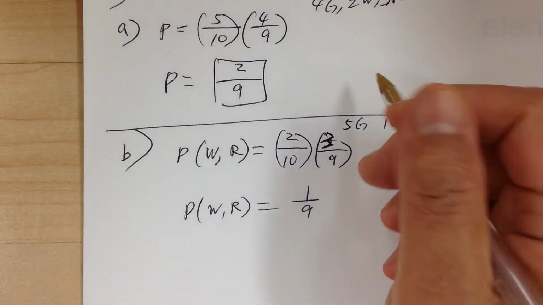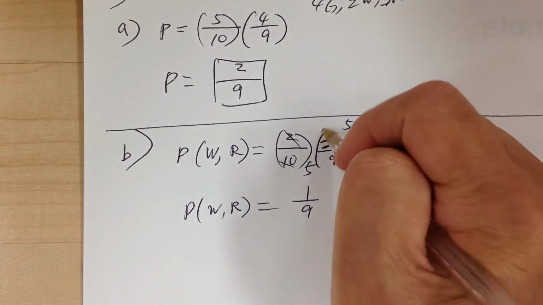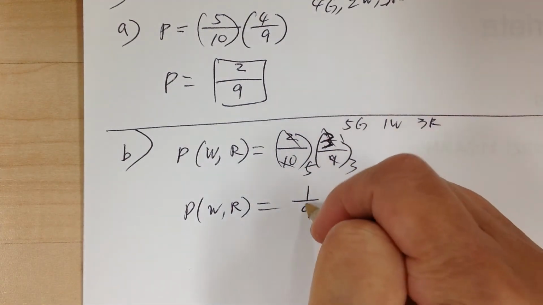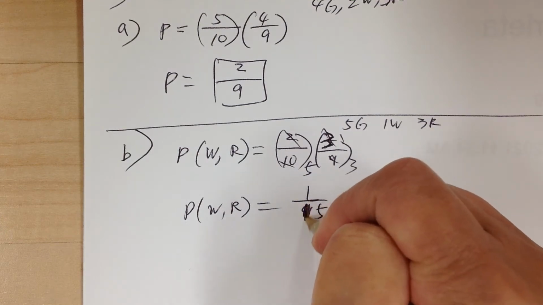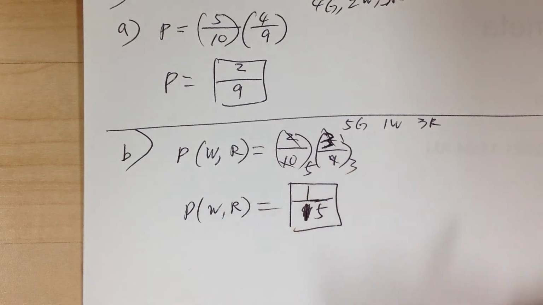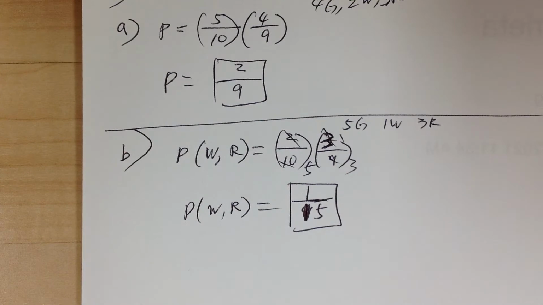There you go. So to get white and then red, we multiply, cancel, and it'd be 1 out of 15. Okay, let's go to the next one.